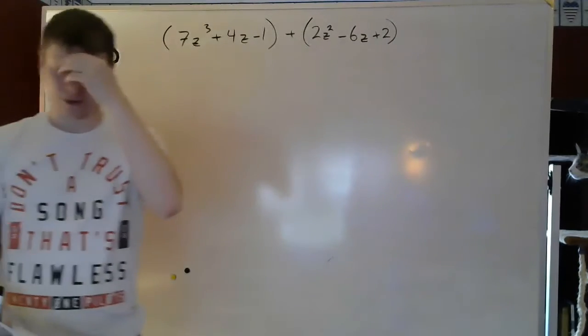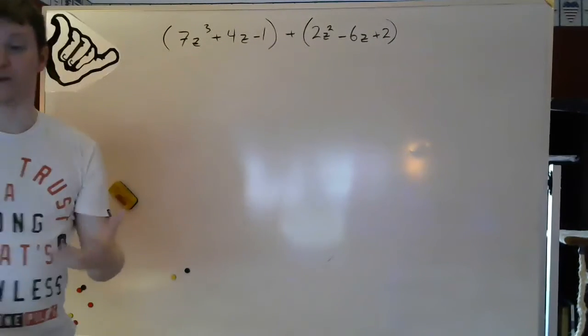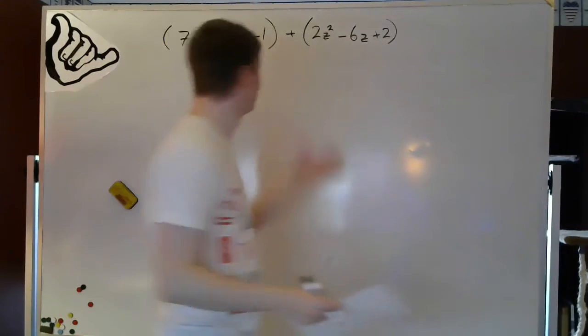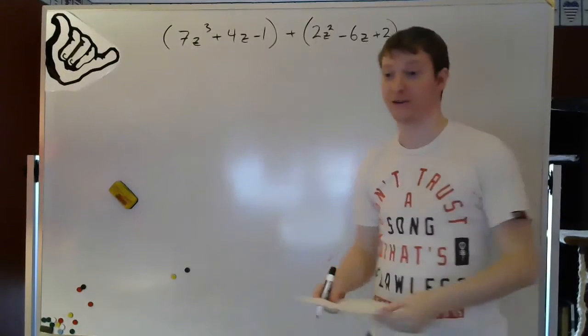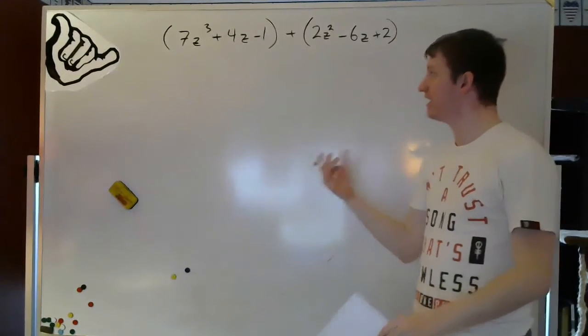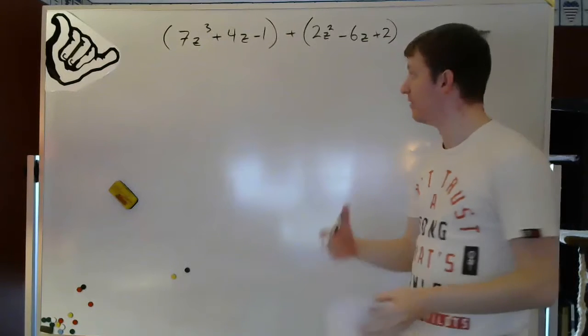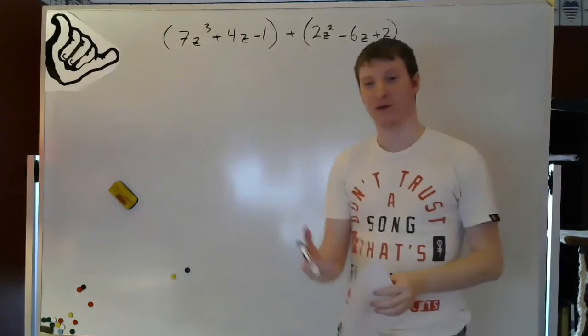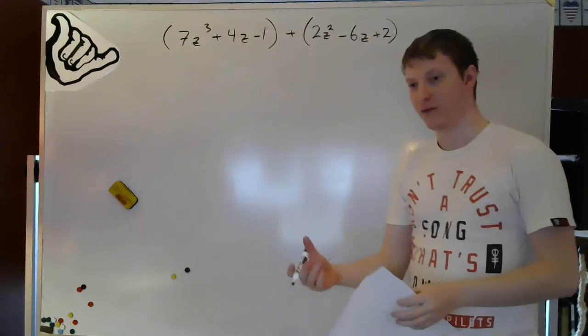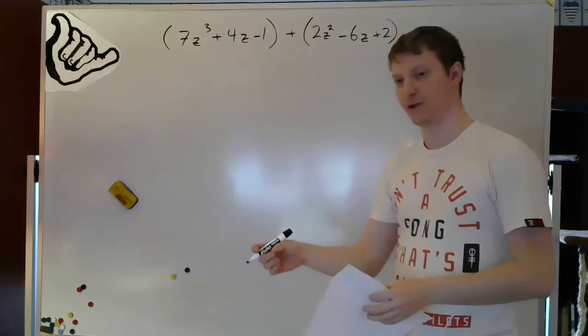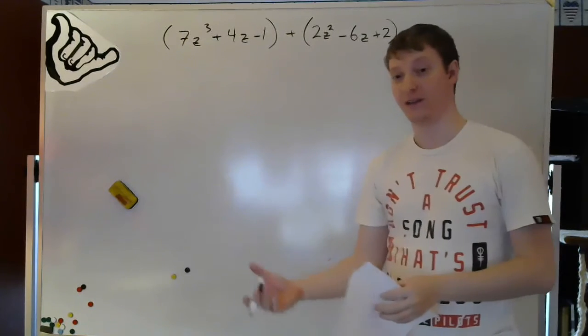What we learned with this, because we have two trinomials being added to one another, is we need to get rid of these parentheses before we can start combining things around. The method I told you guys to help with this is, when you have something in front of the parentheses, we should distribute it in.